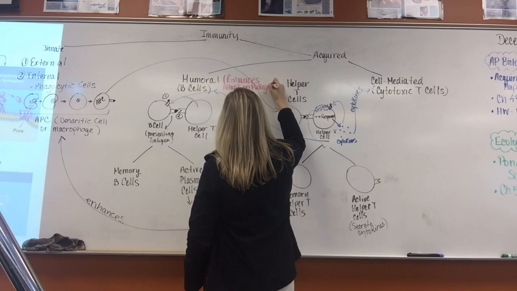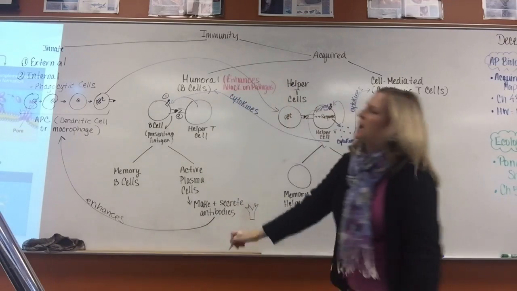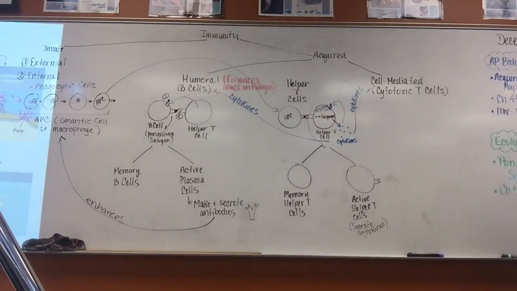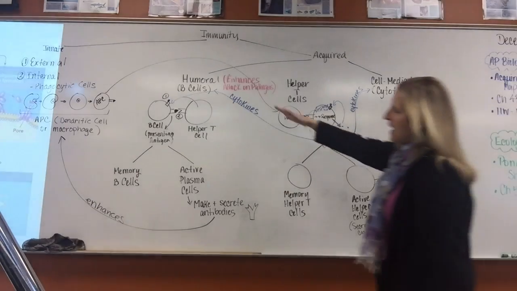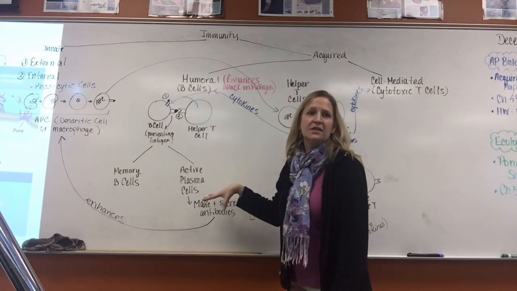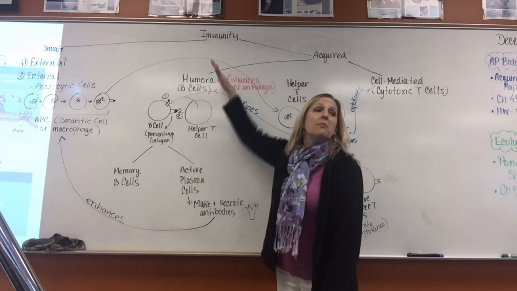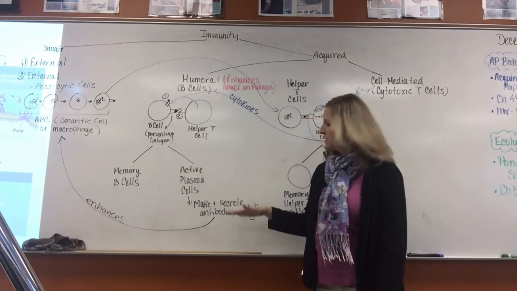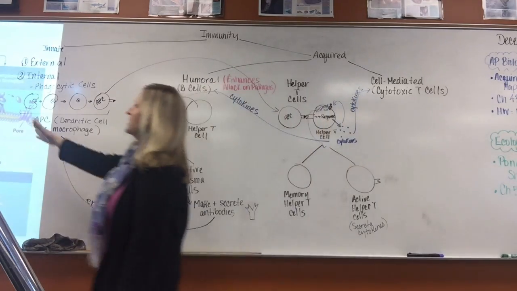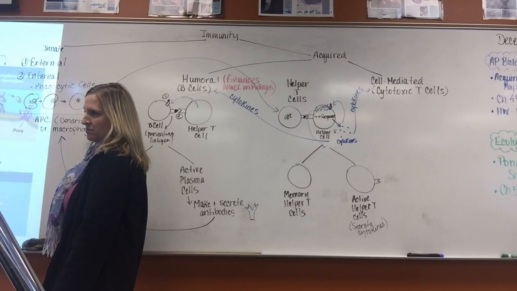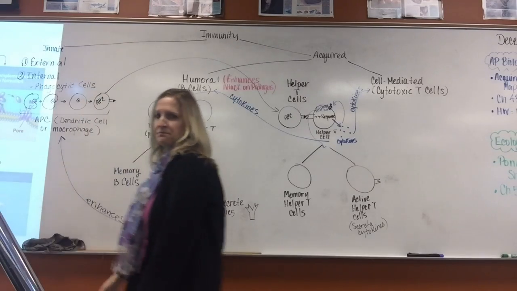So this is helping to get rid of, to kill off, the pathogens themselves. I put enhances the attack on pathogens. Why? Because the B cells themselves do not kill the pathogen, but the B cell's behavior of secreting antibodies helps with getting rid of the pathogen. Does that make sense? Okay?